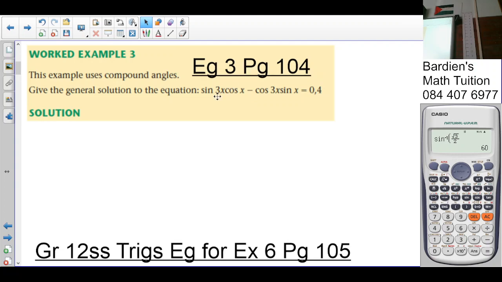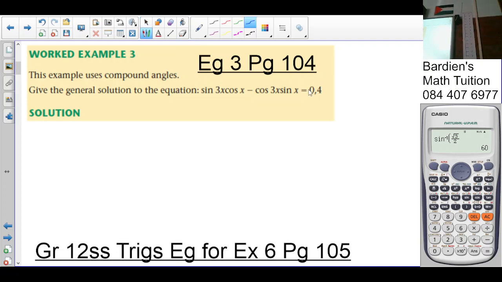We've got sine 3x cos x minus cos 3x sine x. So which expansion is that? The sine or the cos expansion? It's from the sine. Why? Because sine of alpha minus beta becomes sine alpha cos beta minus cos alpha sine beta. So definitely the sine expansion.